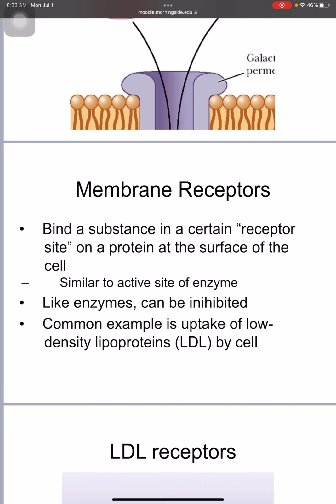All right, so the second major function of these proteins was as membrane receptors. And again, these are more going to be your peripheral proteins, although some integral proteins can be involved, but peripheral proteins have more of a role here. It's very much like what we were talking about when you form an active site of an enzyme, right?